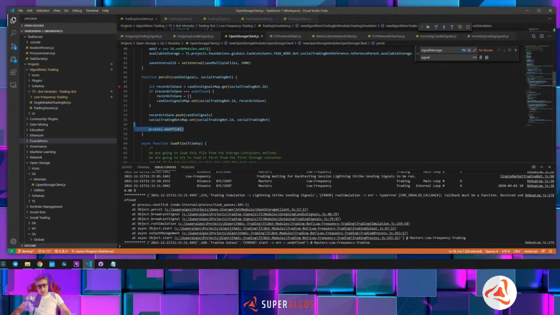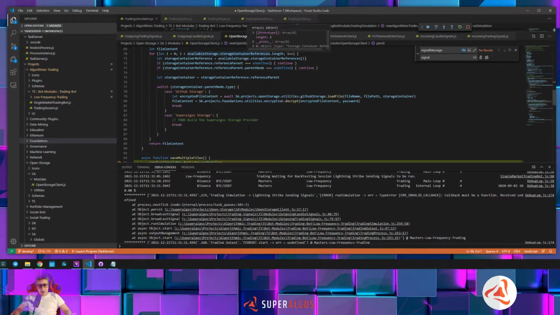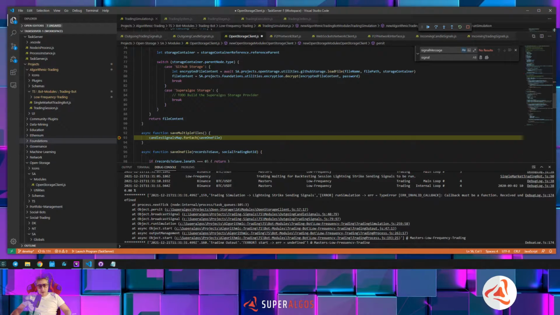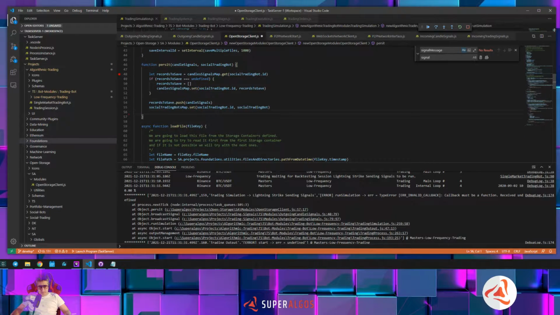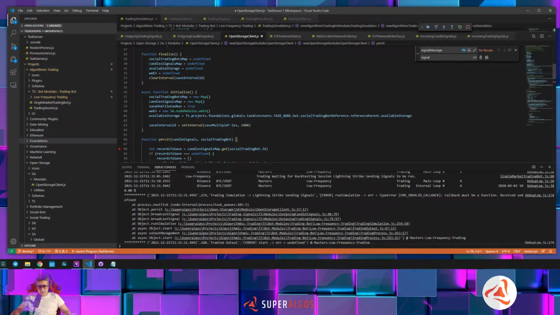Where we left last time was I was introducing this process next tick, but I think I'm going to remove it. What we were seeing is that the saving of the file was not executed. It was not being executed because the simulation was in a loop without any asynchronous operation, which means that this set interval every 1 second was not being fired.